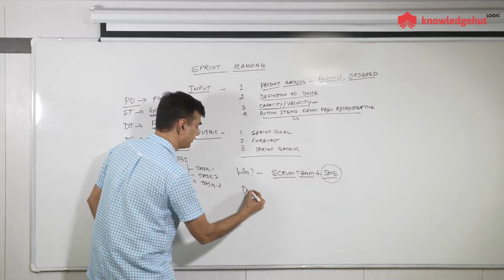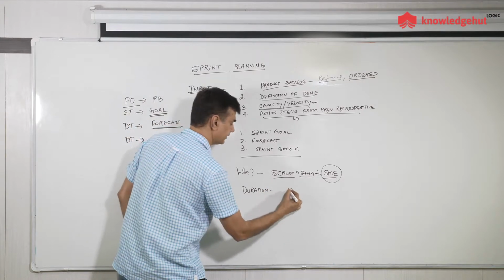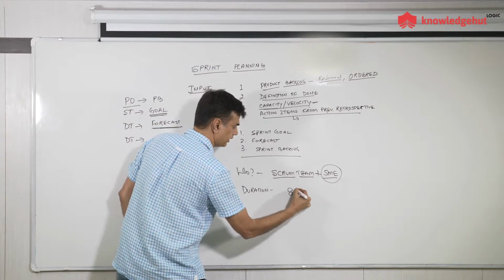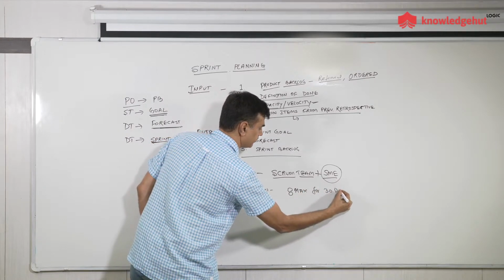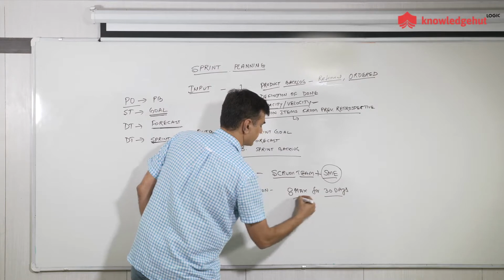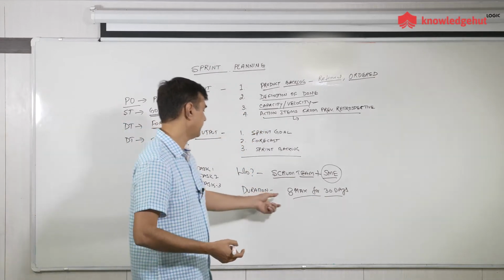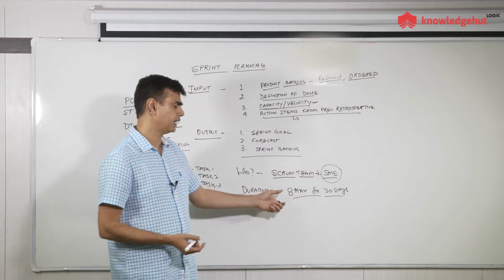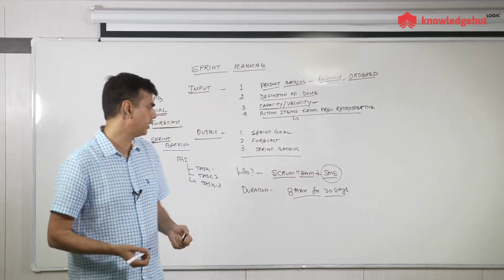What is going to be the duration of sprint planning? The Scrum Guide says 8 hours max for a 30-day sprint, but that's a maximum. If you have a 2-week sprint, most likely your duration may be 3-4 hours, or 5 hours.